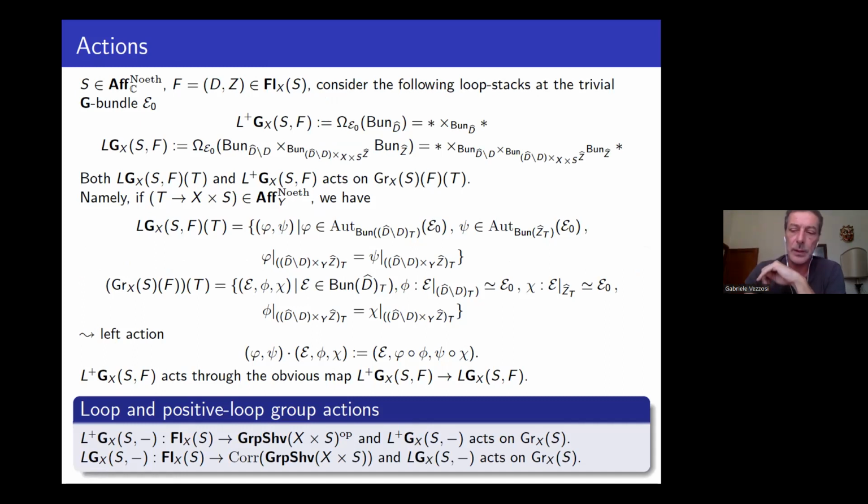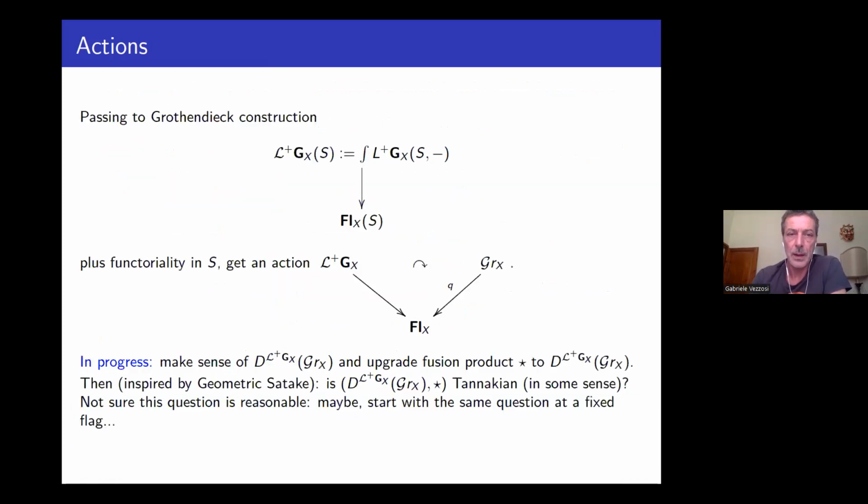Then you integrate over all the flags, and you get loop and positive loop group actions on the flag Grassmannian. This is explained, but it's not really important. I just wanted to remark that we can do it. And this is the second part of the actions where you integrate over all the flags.